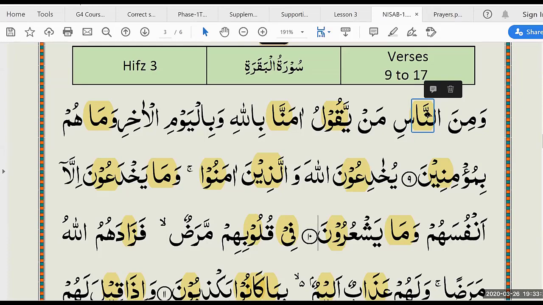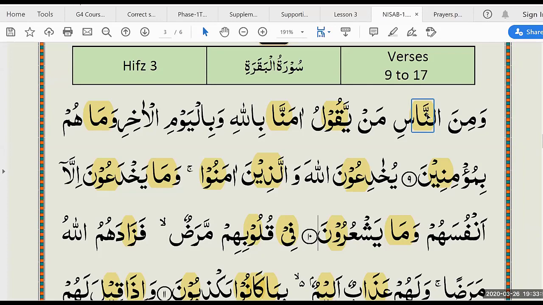We need to join the letter with the noon. Noon with noon. Yes, so it's shadda, so you emphasize the letter. Instead of saying waminan nasi, you have to say waminan nas. Exactly. Well done.